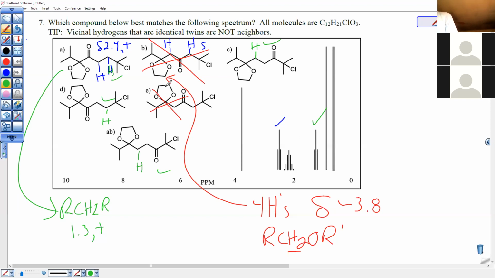Well, they all seem to have that too. That's the R3CH. Put that in black. And it's got 6 neighbors. You know how I know it's got 6 neighbors? Because it's a heptet. And that's just all of these guys. And here we go. Are we going to eliminate any of these things?